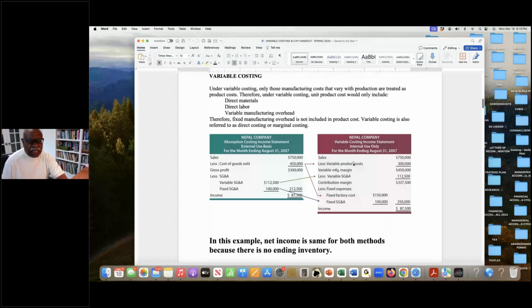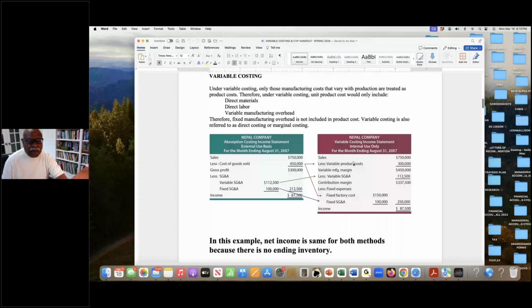Here's another example where we did have inventories. Our selling price was 200. We produced 10,000 units, but we only sold 8,000. And we made it fairly easy. We made the direct materials variable 600.